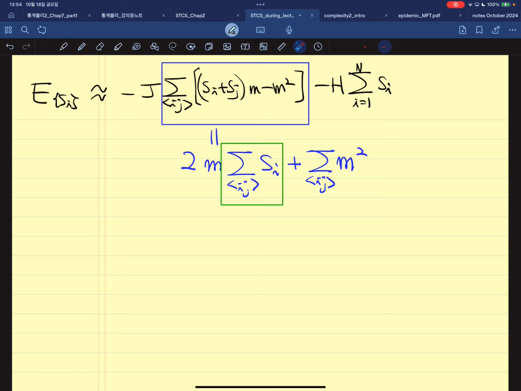So this term, there's a site I, and J becomes all of the possible interactions there.